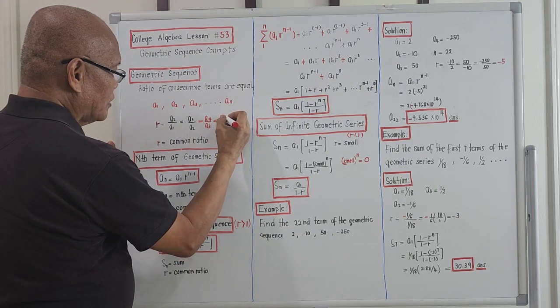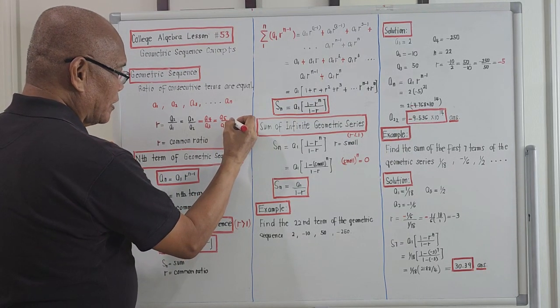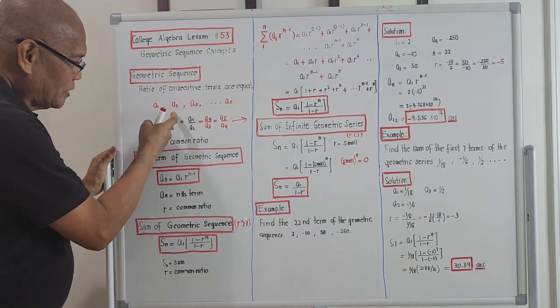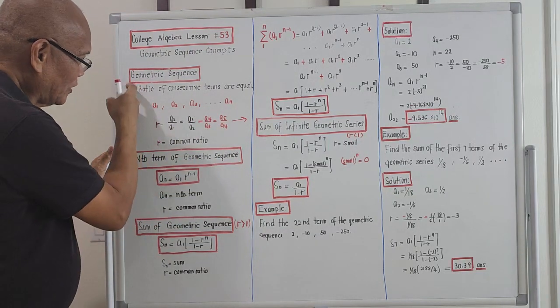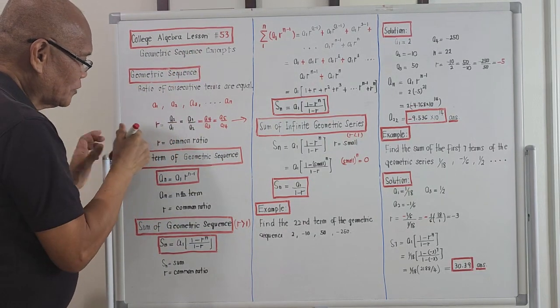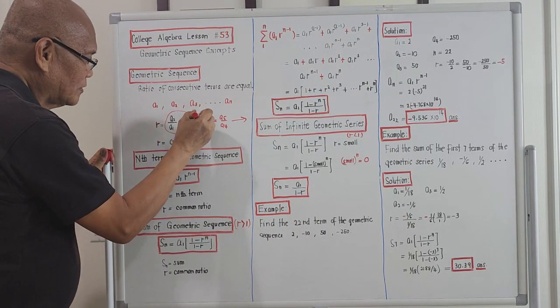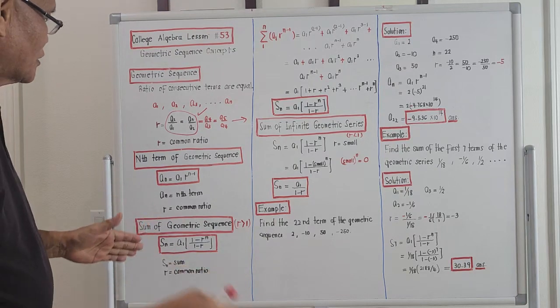And this should be A5 over A4. And so on. The ratios of all of these, for it to be called geometric sequence, they should be equal. That's the definition of a geometric sequence.